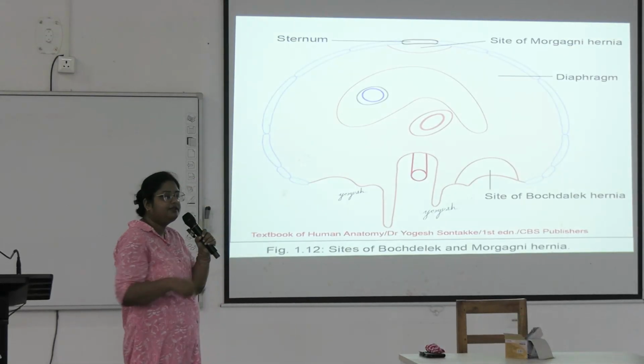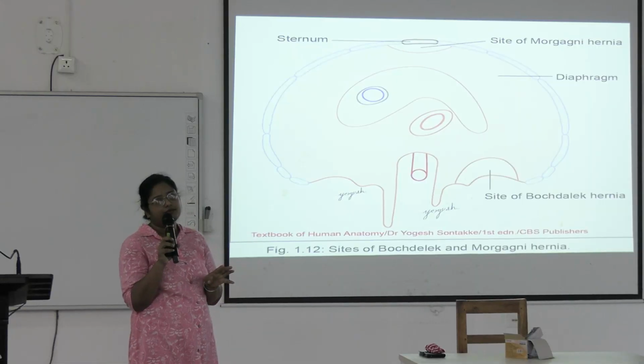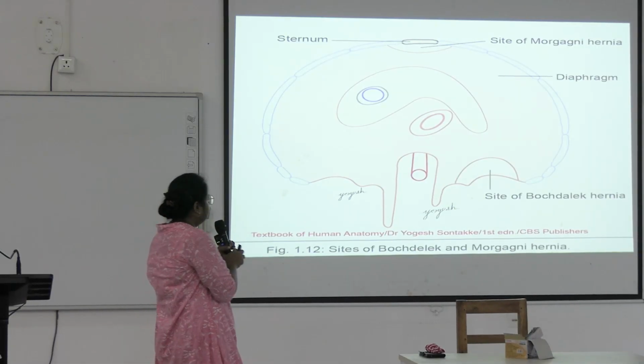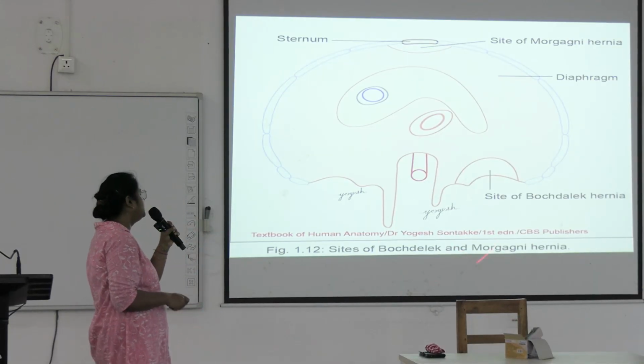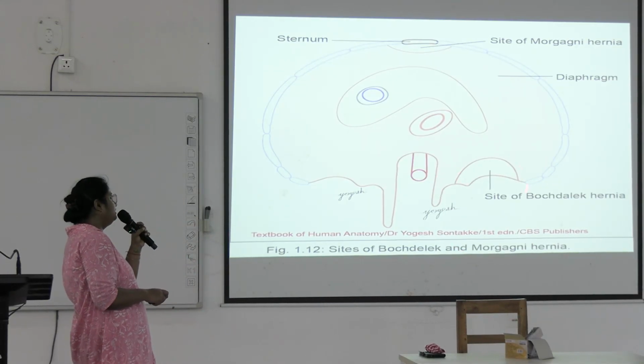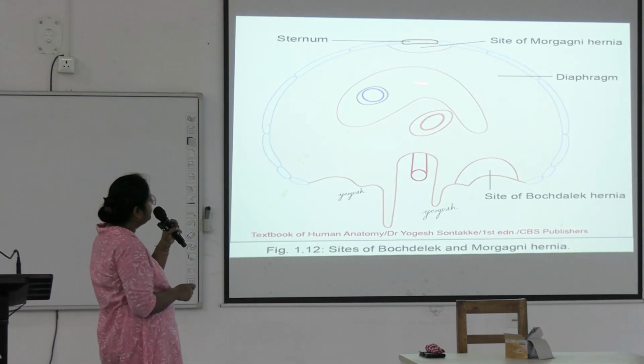Diaphragmatic hernia very frequently comes in your theory, as part of a long question or short note. See, these are the major sites of diaphragmatic hernia. This is the site of Bochdalek's hernia, and this is the site of Morgagni's hernia.